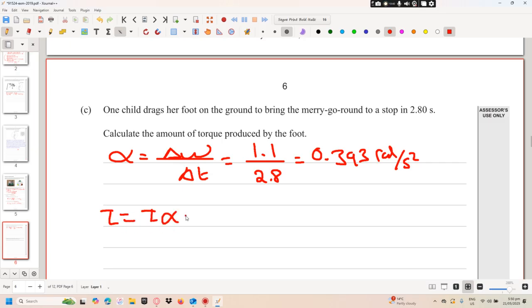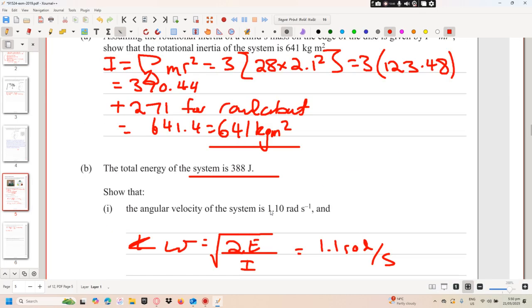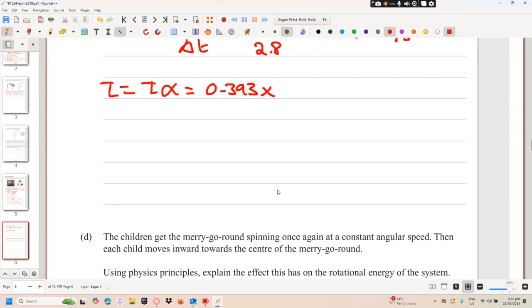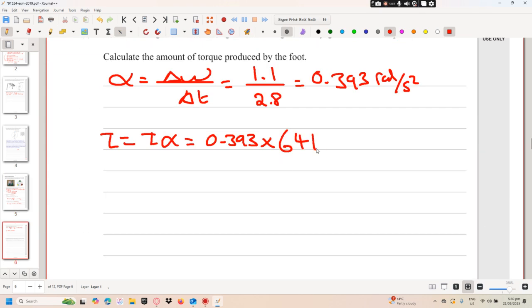Torque equals I alpha, equals 0.393 times the rotational inertia of 641, which is 252 meters.